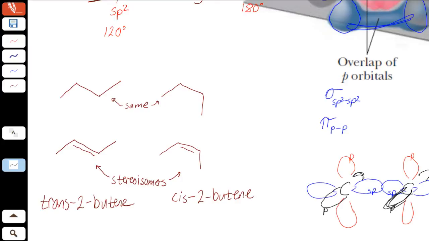And then you have a pi bond between these two p orbitals. And then you have a second pi bond between this other set of orbitals. So there's our second pi bond going back behind. So that's what a triple bond would look like.